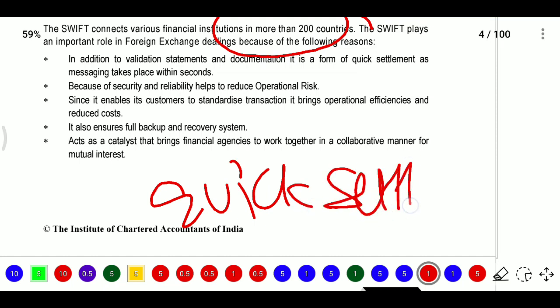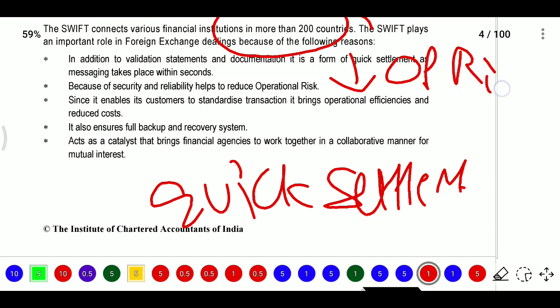Because it is secure and reliable, it helps reduce operational risk. Since it enables its customers to standardize transactions, it brings operational efficiencies and reduces the cost.